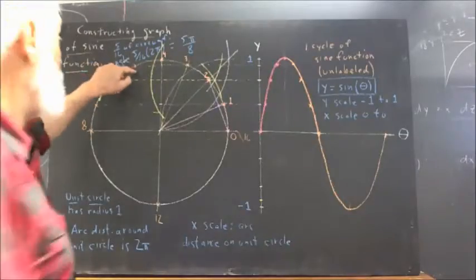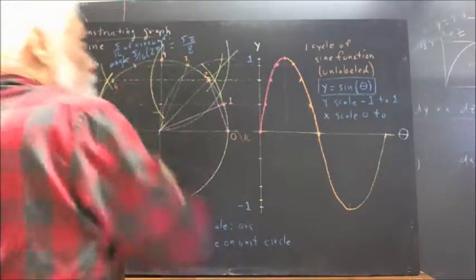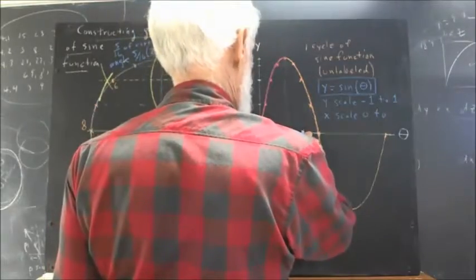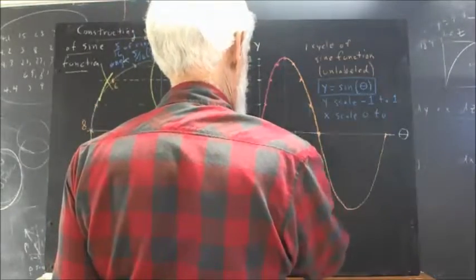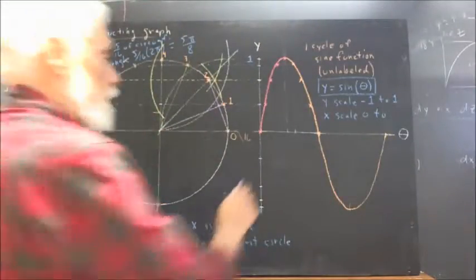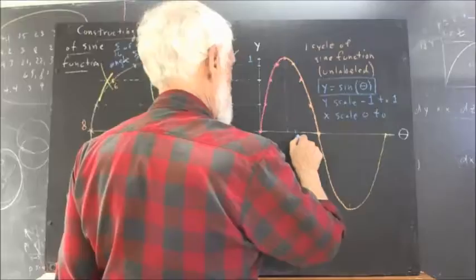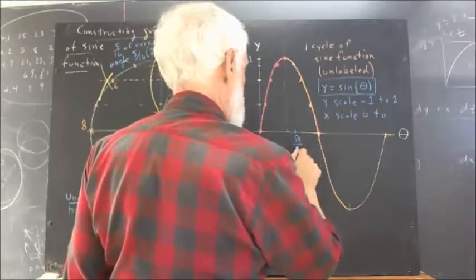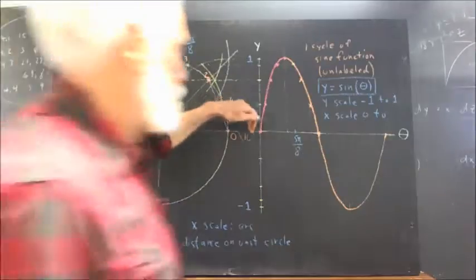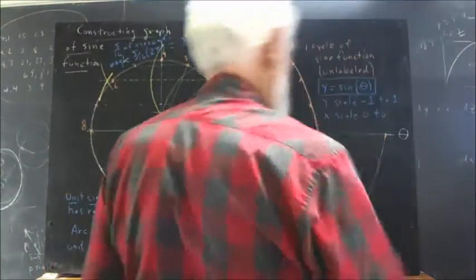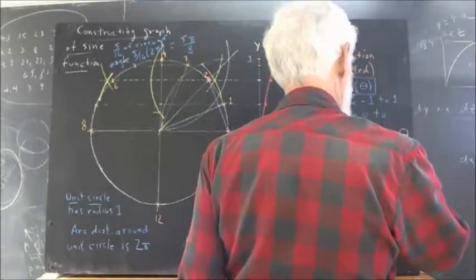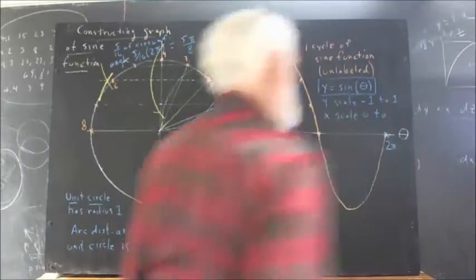So if we wanted to label this point over here, that would be our 5th point. Here's our 4th point, there's our 6th, our 5th point's about here. According to this measure of angle, this point here would be 5 pi over 8. And our complete cycle goes from 0 to 2 pi.